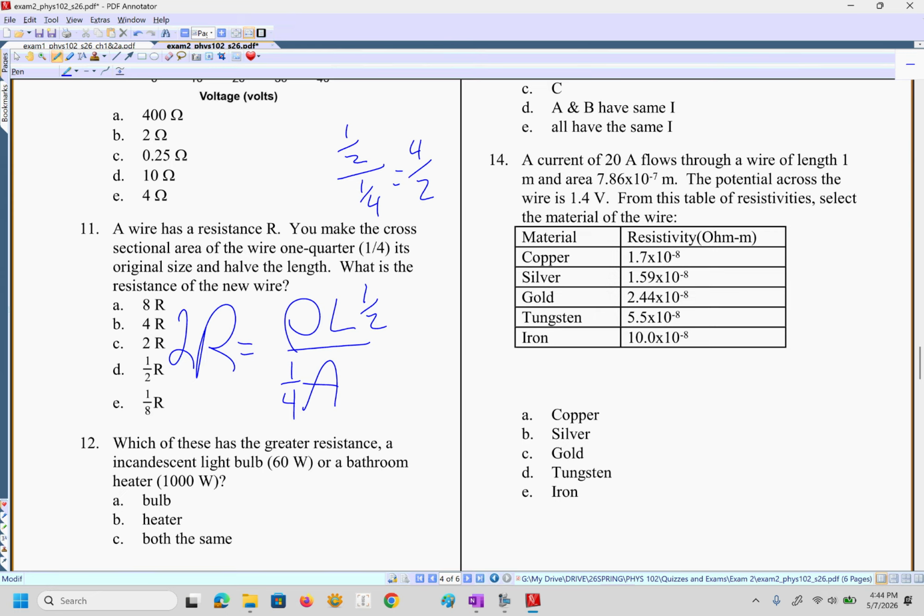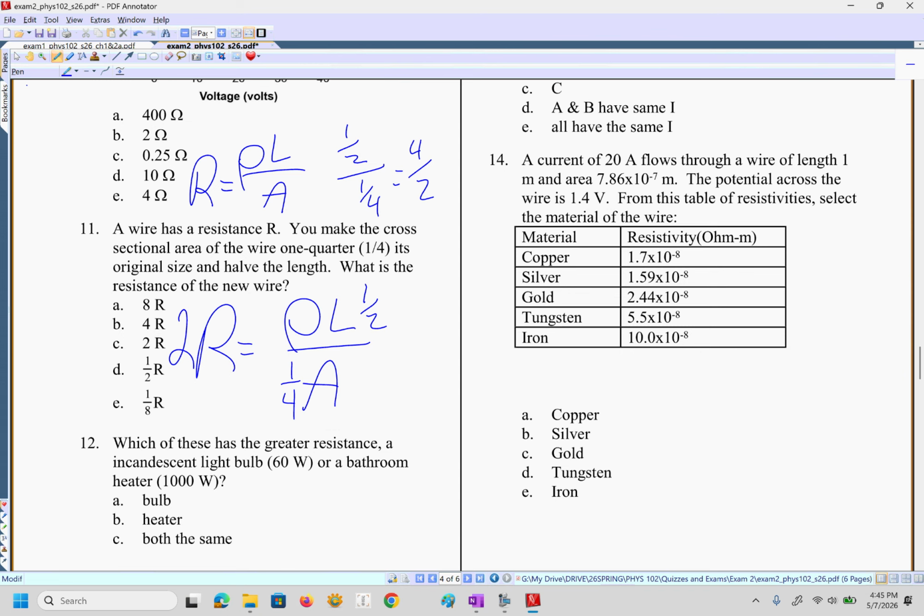Actually, that question is on your exam. Let me tell you, I don't say area. Instead, I say what happens if you change the diameter. Say, for example, I doubled the diameter. I'd write R equals rho L over A. If I double the diameter, what am I doing to the area? Not twice as big, but what?